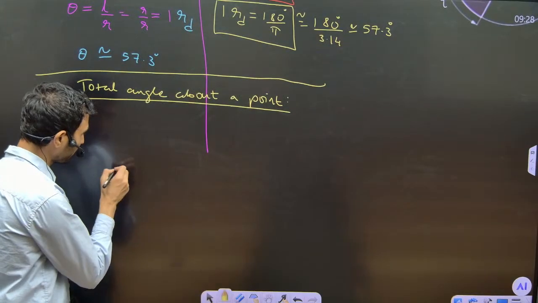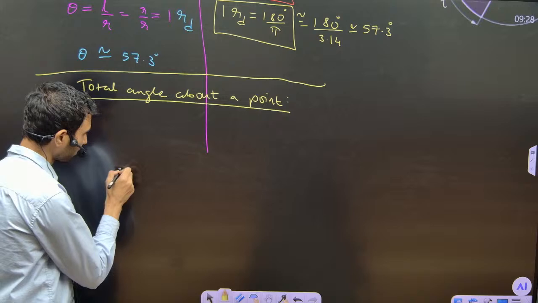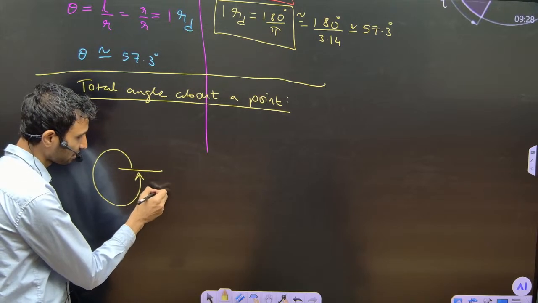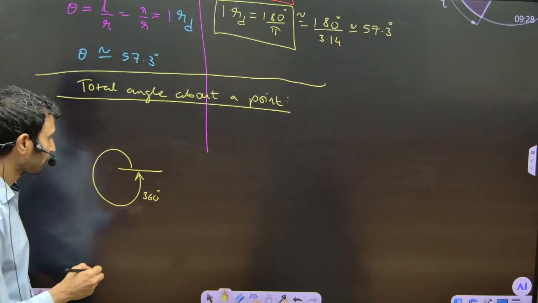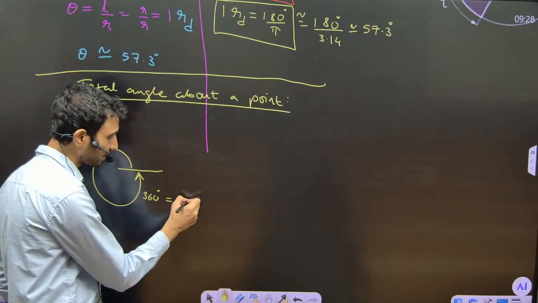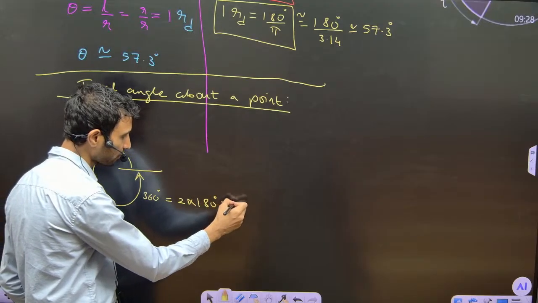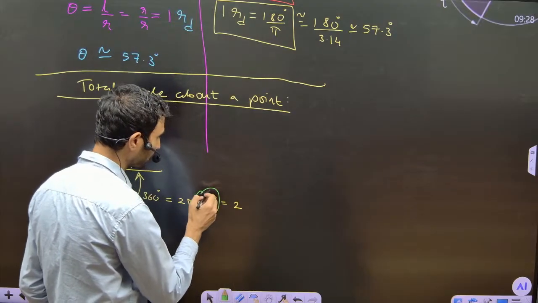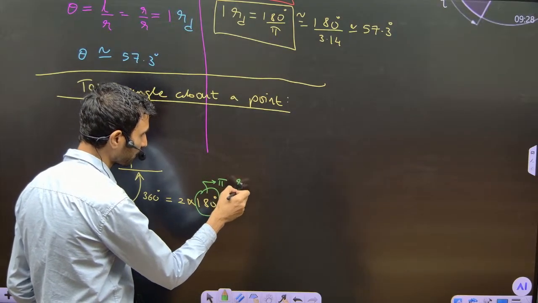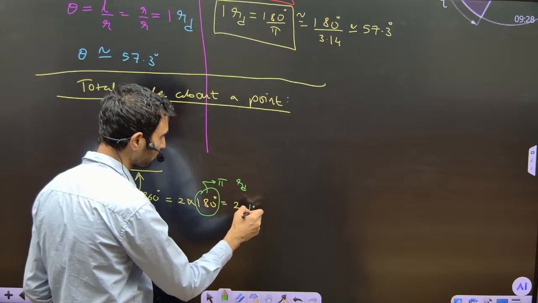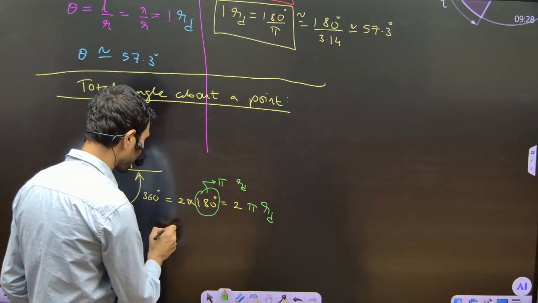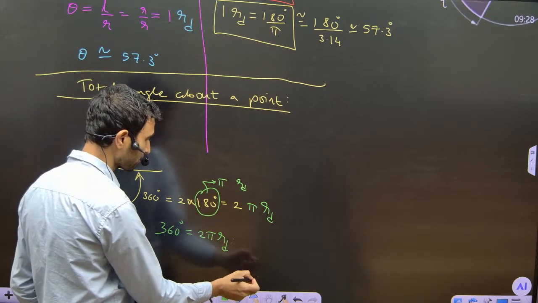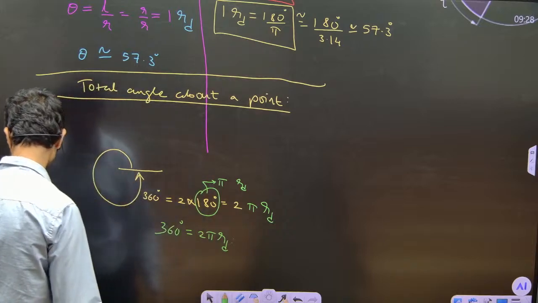If you take a point here, what is the total angle? As you have already studied, it is 360 degrees. Now 360 degrees is essentially twice 180 degrees, and 180 degrees is equal to pi radian. So that's 2 pi radian. So 360 degrees is equal to 2 pi radian, the total angle about a point.